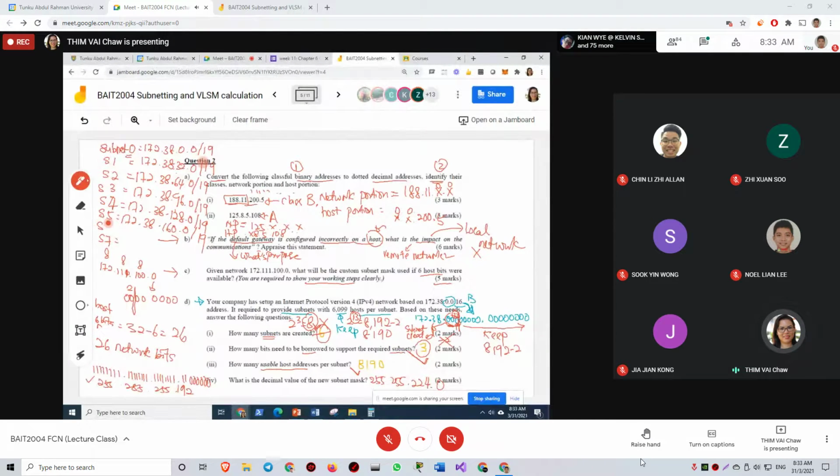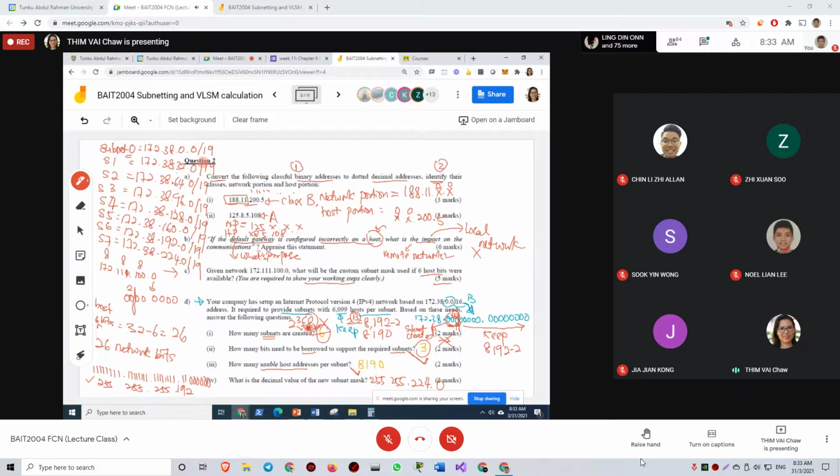Let me finish it. Just another 2 only. 192.0/19, 172.38, plus 224.0/19. Okay, I should stop here already, because from subnet 0 until subnet 7, I have 8 subnets.